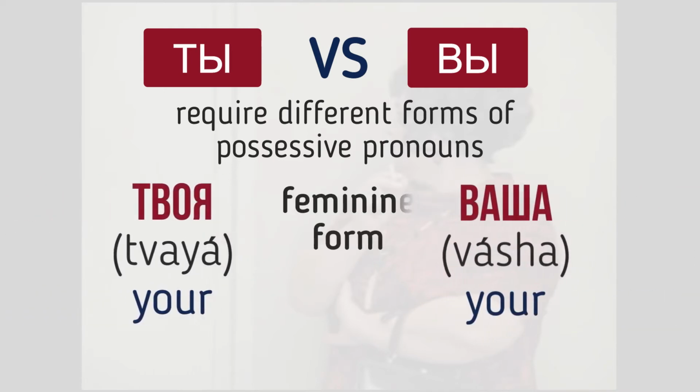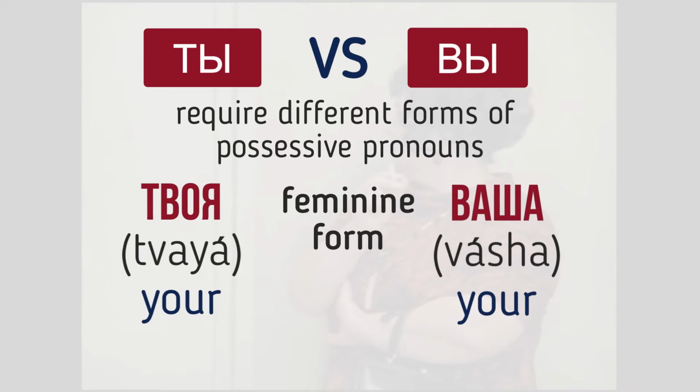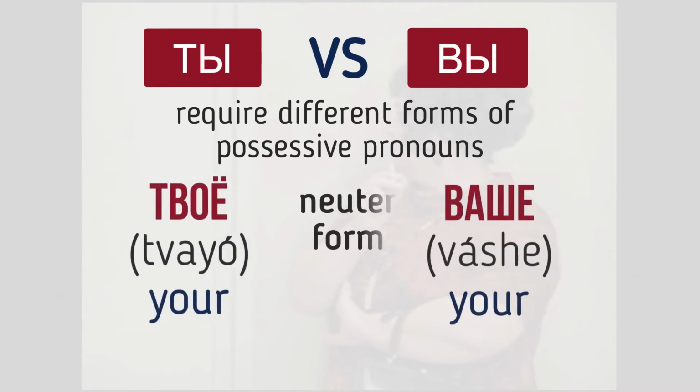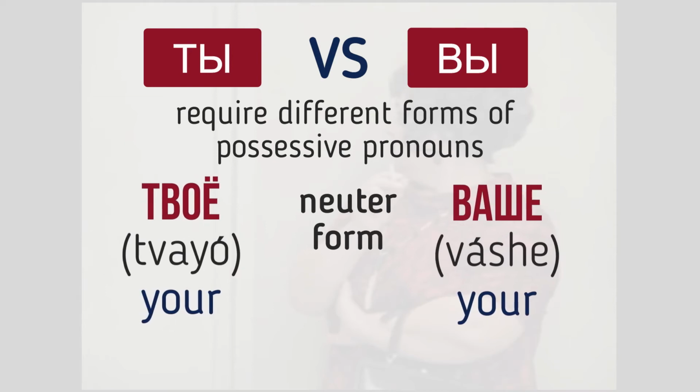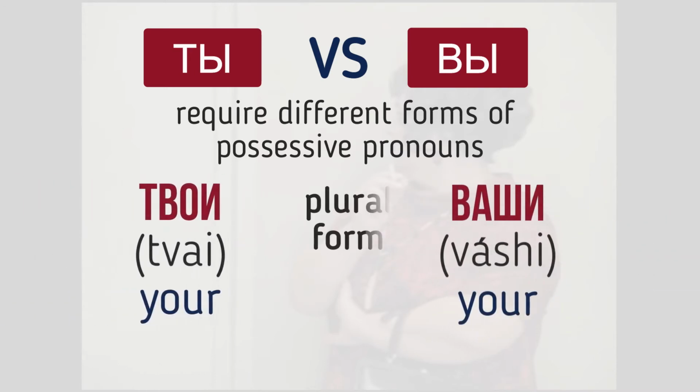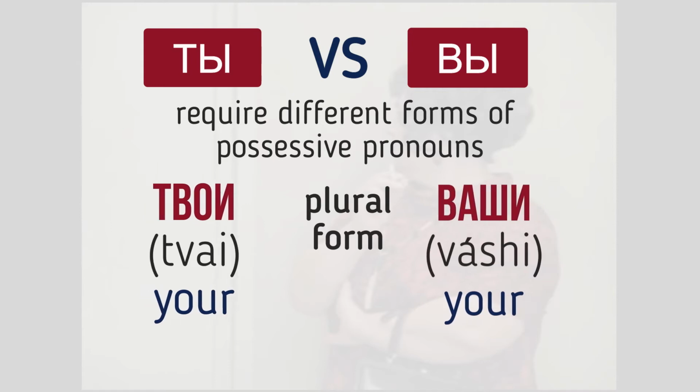In a feminine form, a possessive pronoun from ты is твоя, and from вы is ваша. In a neuter form, from ты is твоё, and from вы is ваше. And finally, in a plural form, from ты is твои, and from вы is ваши.